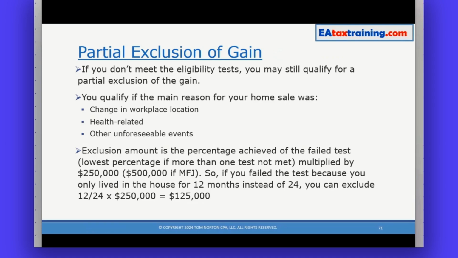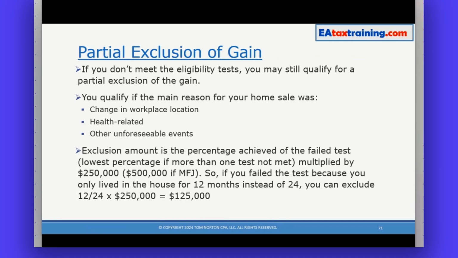We will revisit Maria shortly, but for now, let's talk about a partial exclusion of gain. If you don't meet the eligibility test, there is a chance that you might still qualify for a partial exclusion. In order to qualify, the reason you sold your home has to be due to a change in workplace.